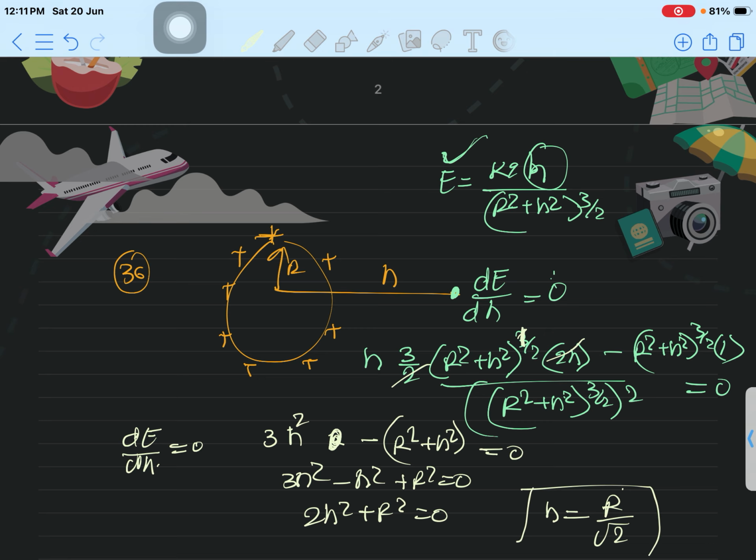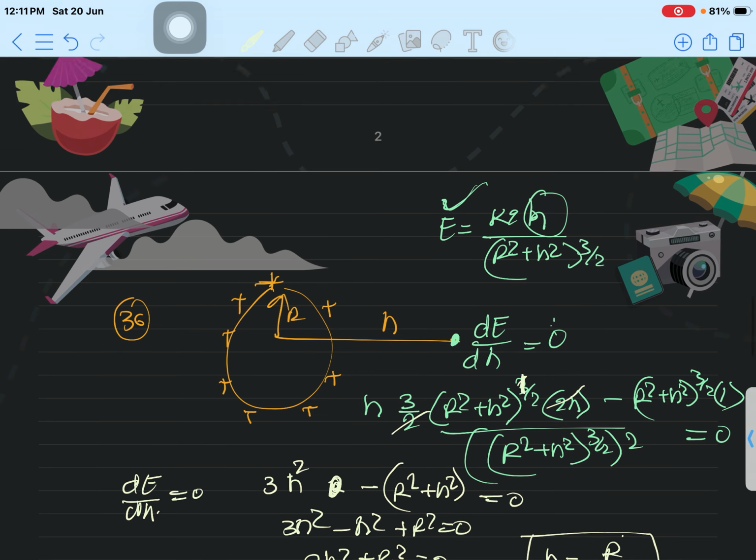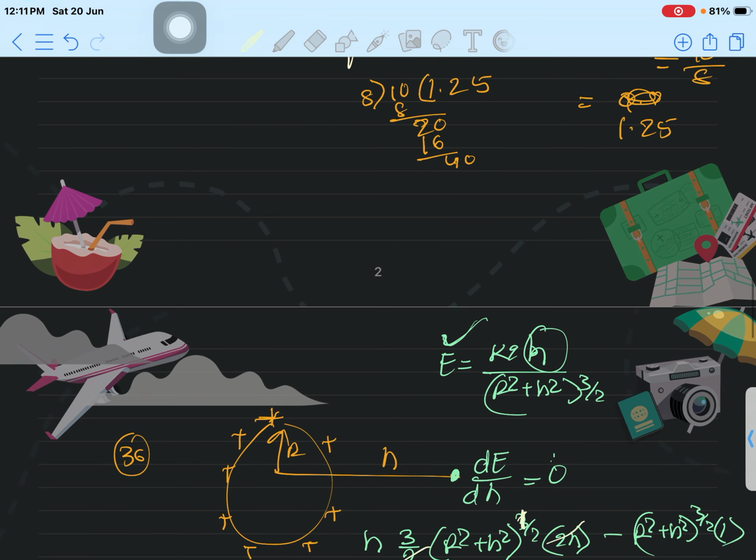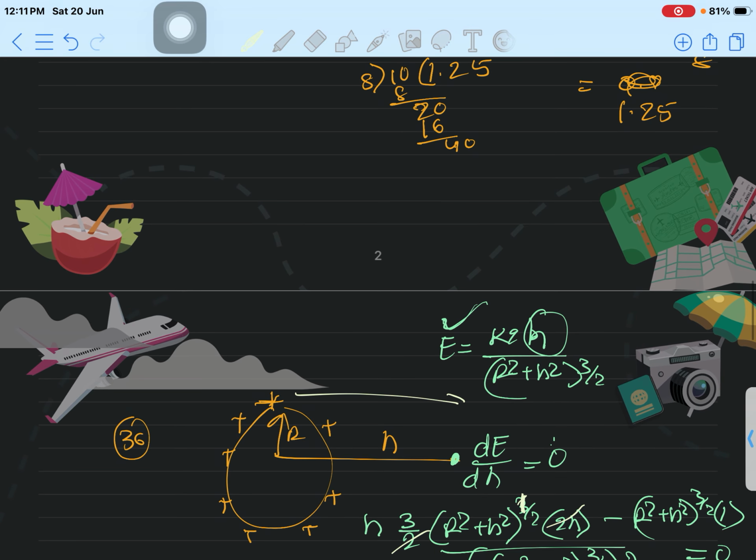So what is the distance from the center of the ring? That is r by root 2. So this distance should be r by root 2 to get the maximum electric field. That means before that the electric field will be less, and after that the electric field will be less. Exactly at this point the electric field becomes maximum. Okay, sir. The graph follows like this.